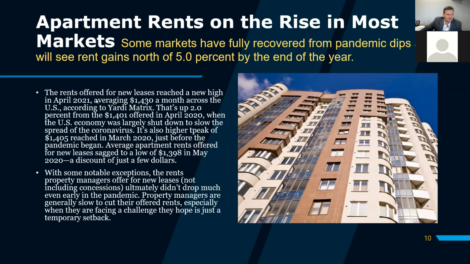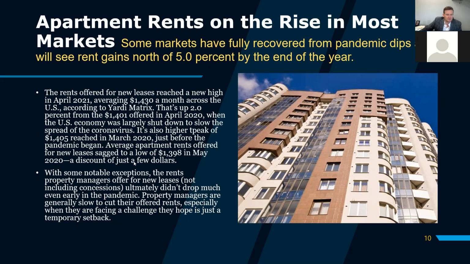The rents offered for new leases reached a new high in April 2021, averaging $1,430 across the US per month, according to Dwellsy Matrix. That's up 2% from last year's $1,401, and that was when the US economy was largely shut down. It's also higher than the $1,405 reached in March 2020, just before the pandemic even began.